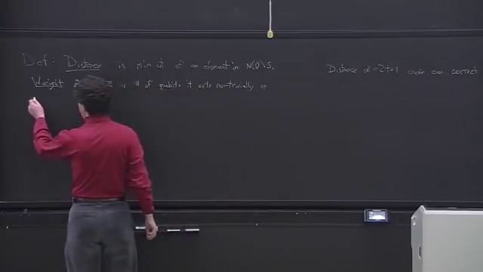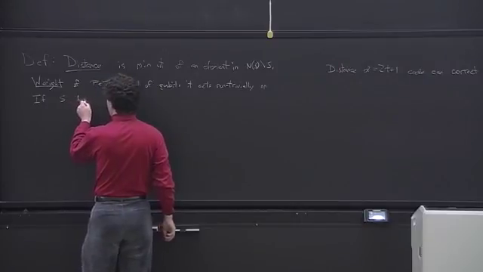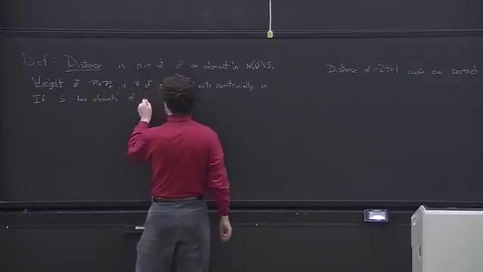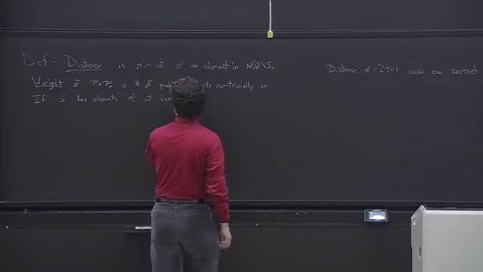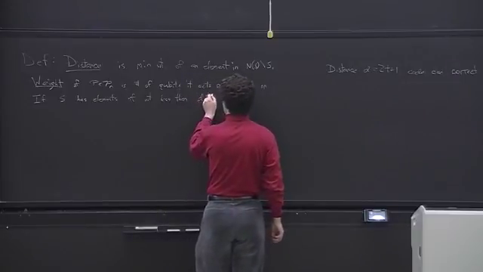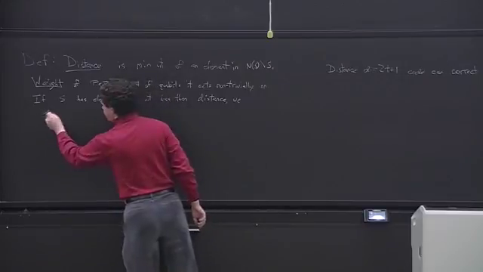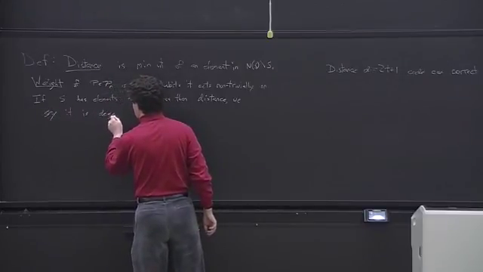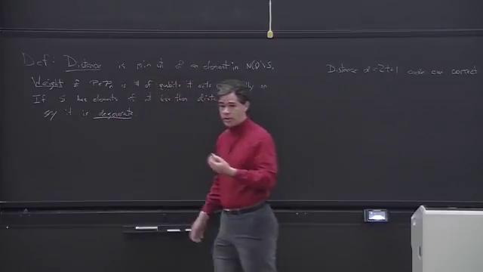So we say that a code, if the stabilizer has elements of weight less than the distance, we say it is degenerate. Otherwise, it's non-degenerate.